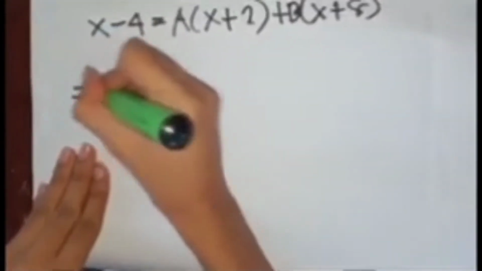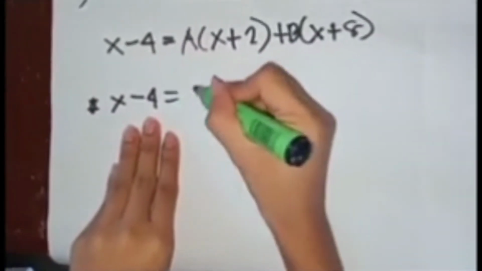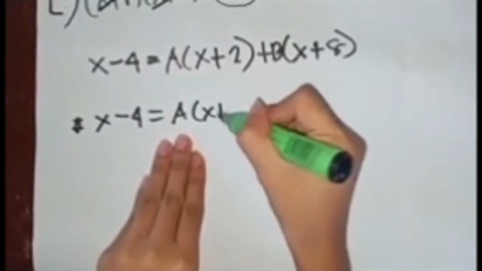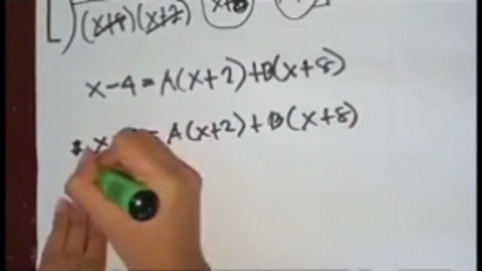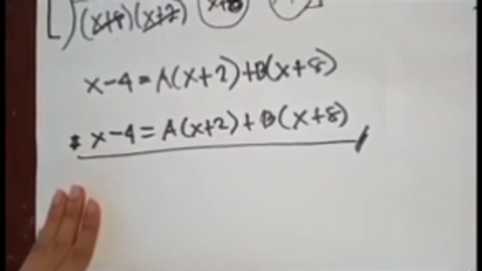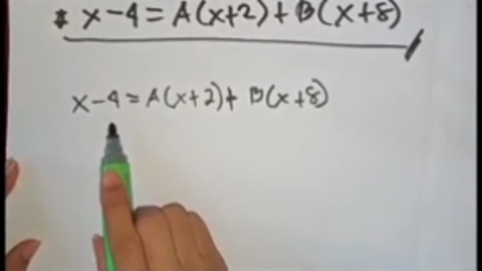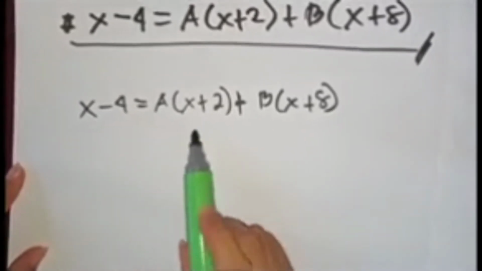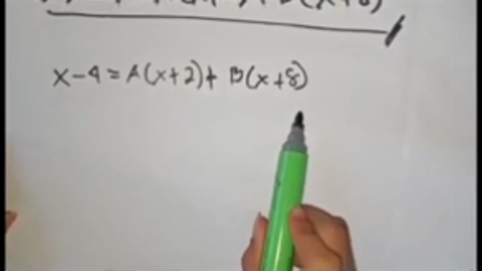Our final answer here is x minus 4 equals A times (x plus 2) plus B times (x plus 8).